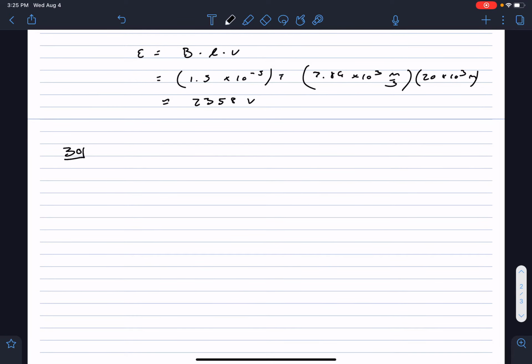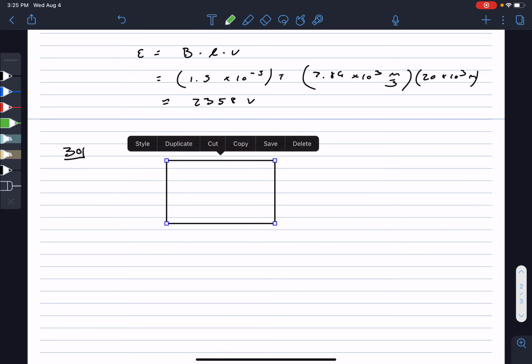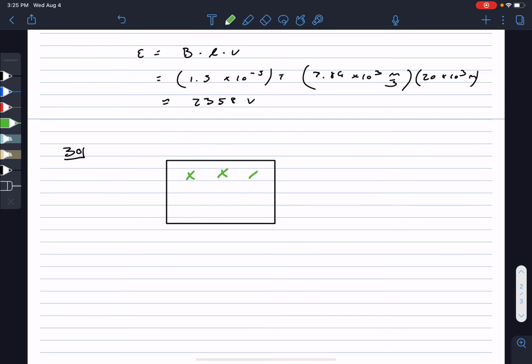A very similar problem. We're given a circuit with a magnetic field pointing into the page. Then we are given a bar that is traveling along the length of the circuit. Side length L, we're given a resistor over here.